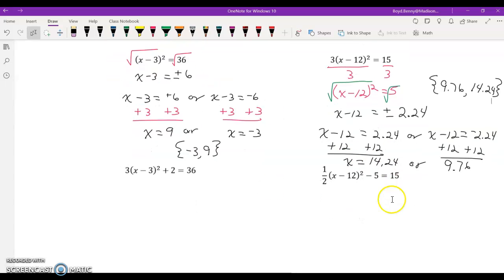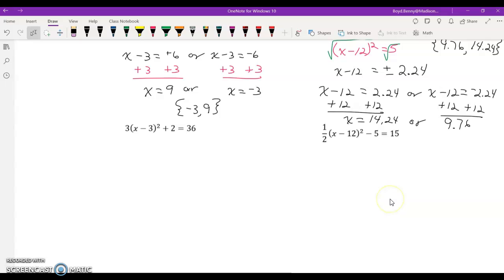For these next couple, we've got a couple of things we need to do to isolate the squared term. In this one, the first thing we're going to do is subtract 2 from both sides. It's going to leave me with 3 times x minus 3 squared equals 34.